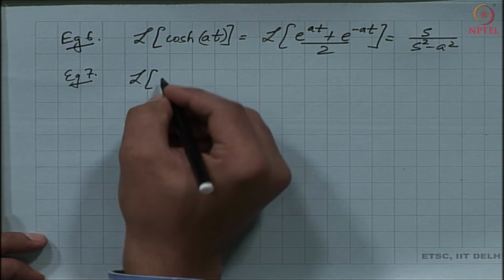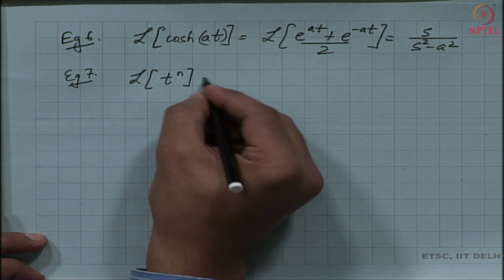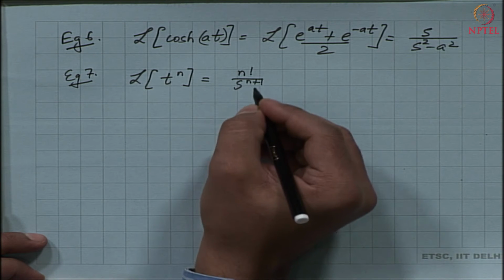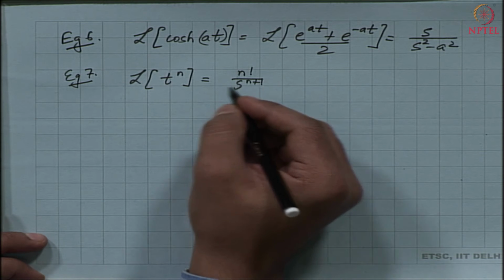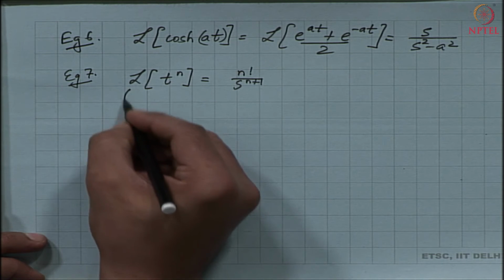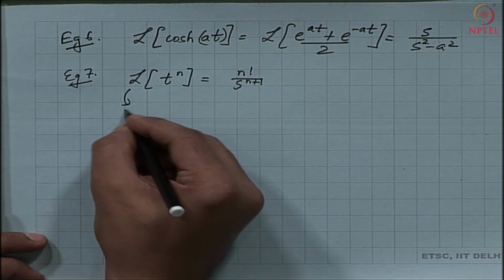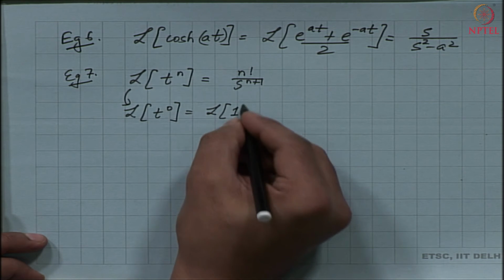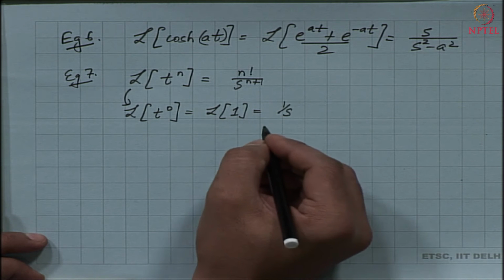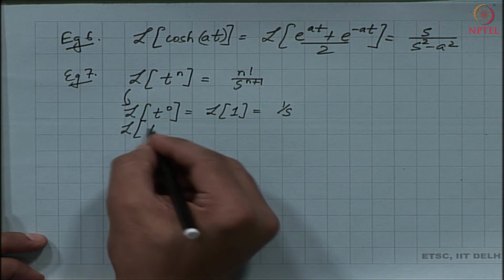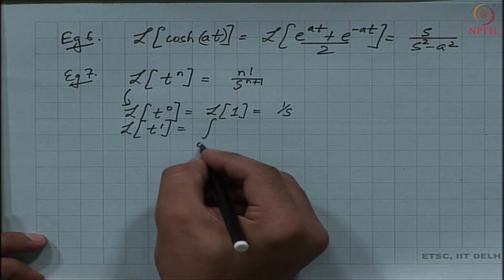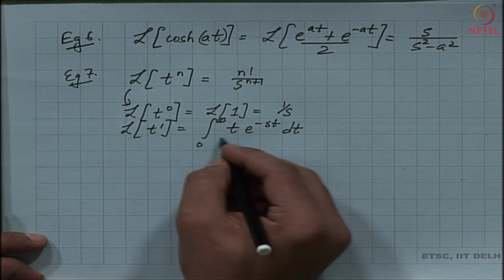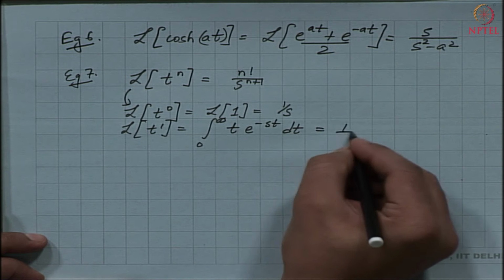the Laplace transform of t to the power n is given by n factorial divided by s to the power n plus 1. To find this, let us see quickly. I know that the Laplace transform of t to the power 0, which is the Laplace transform of 1, is 1 by s. Similarly, the Laplace transform of t to the power 1 is given by the integral from 0 to infinity of t e to the power minus s t dt, and after integration by parts I get 1 by s square.